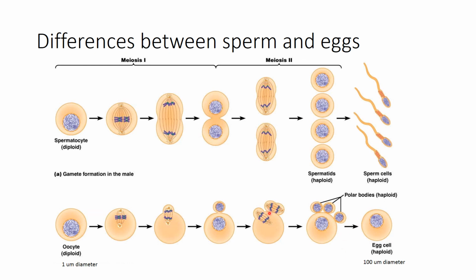And actually, it doesn't completely finish meiosis 2 until that egg cell is fertilized. So it's just a little bit different process. The timing is very different, whereas the sperm cells, every time they get made, it's happening pretty much right at that time, whereas meiosis for females is really spread out and happens a little bit differently.